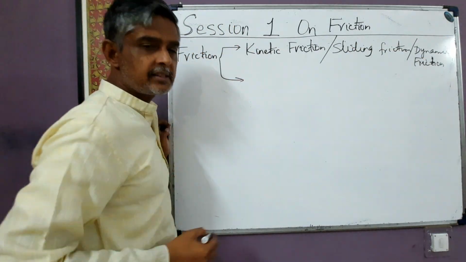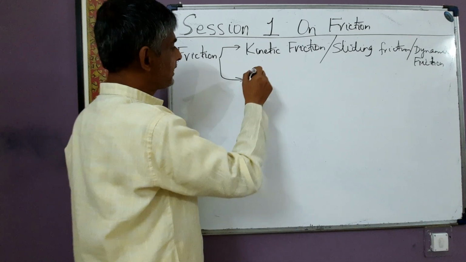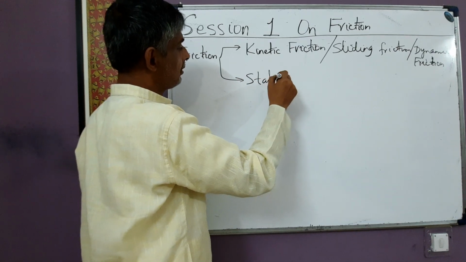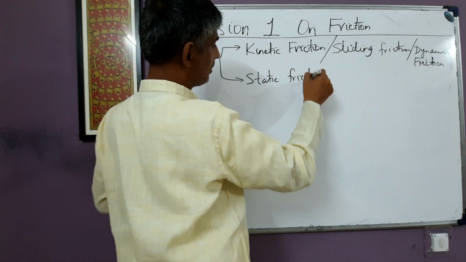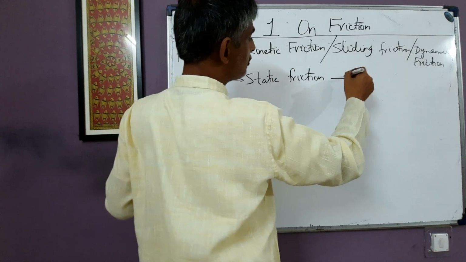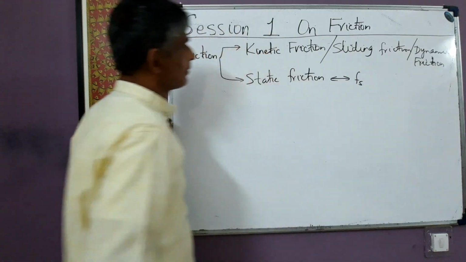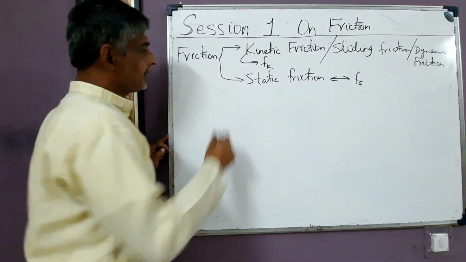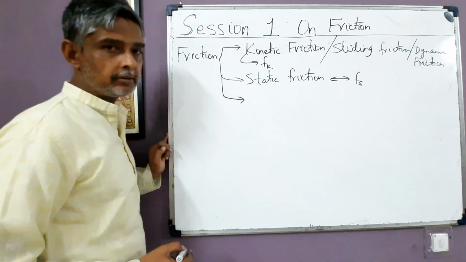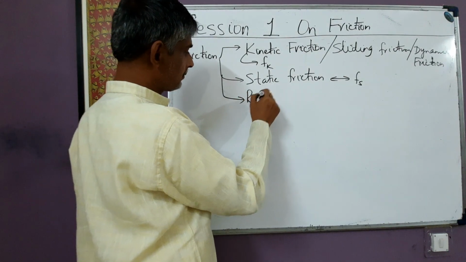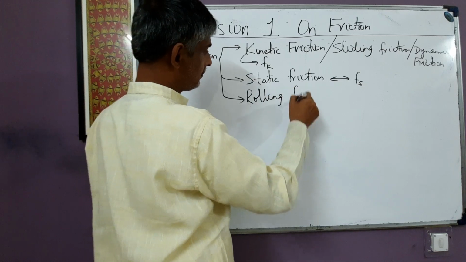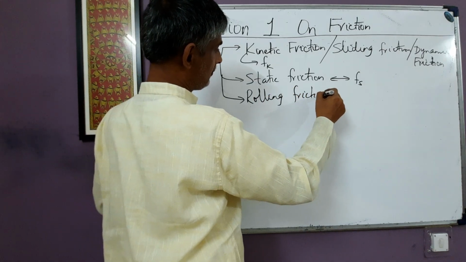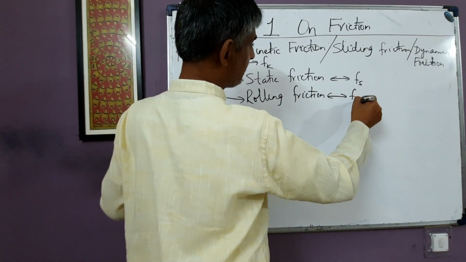Next is static friction, which will be denoted by Fs. And kinetic friction will be denoted by Fk. And third is rolling friction, denoted by Fr.